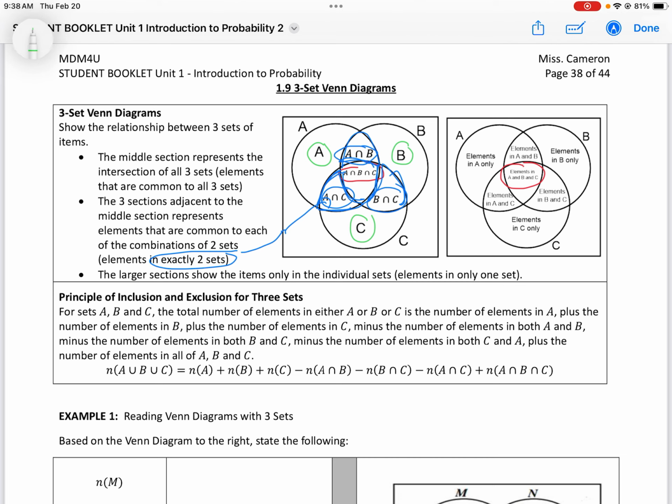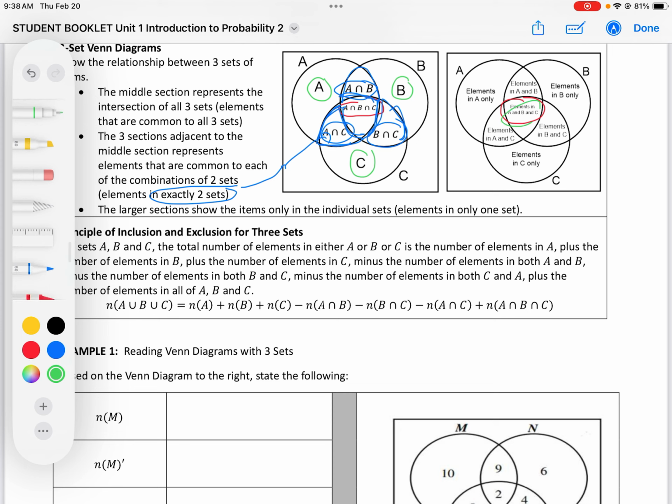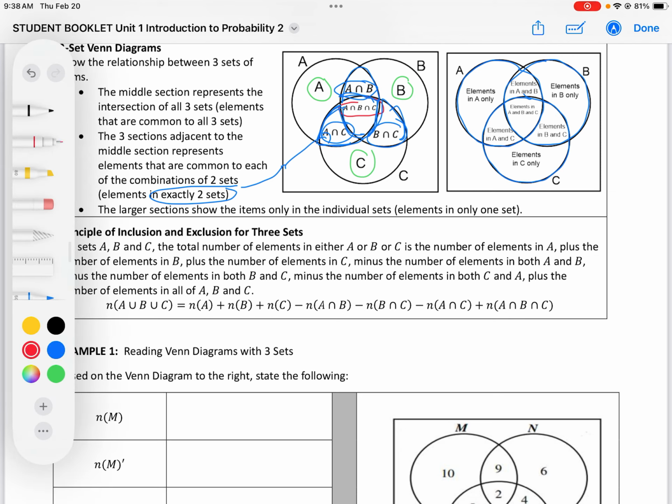We can also apply the principle of inclusion and exclusion for the 3 sets. I'm going to do this in this second Venn diagram. If we add all of the elements in A, all of the elements in B, and all of the elements in C, we can see that we've double counted all of this.